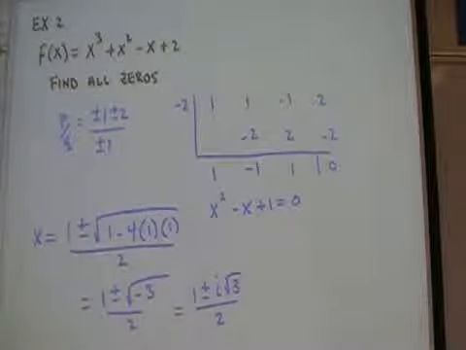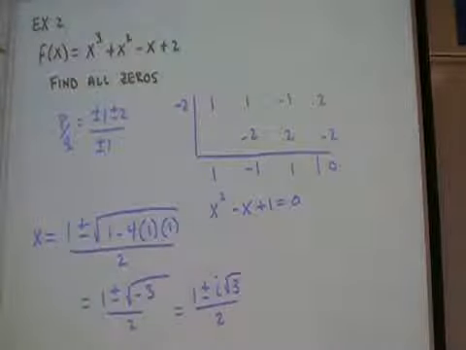F of x equals x cubed plus x squared minus x plus 2. It tells you to find all the zeros. We know there are going to be 3 of them, right? Yeah. Because it's cubic. You always start out with the possible rationals. Test those first. Is find all zeros the same as find all roots? Yes.